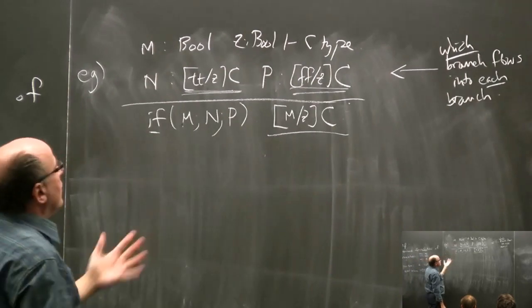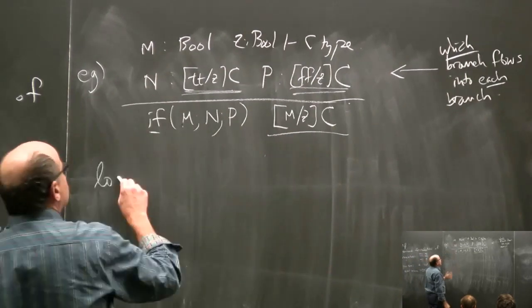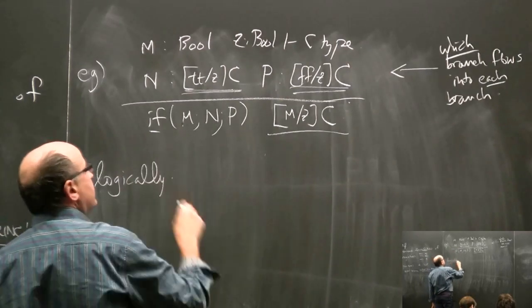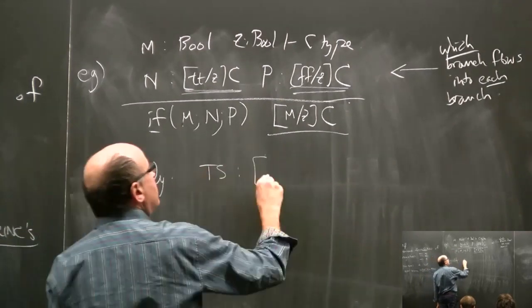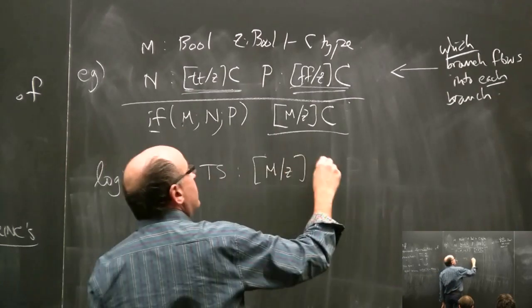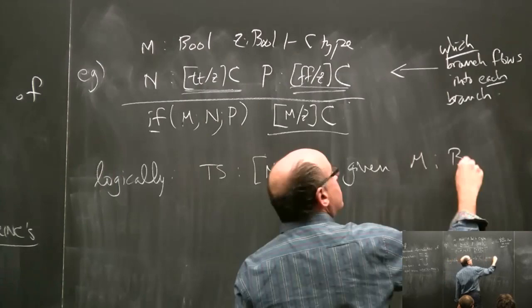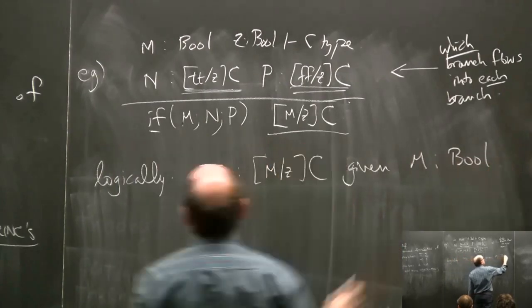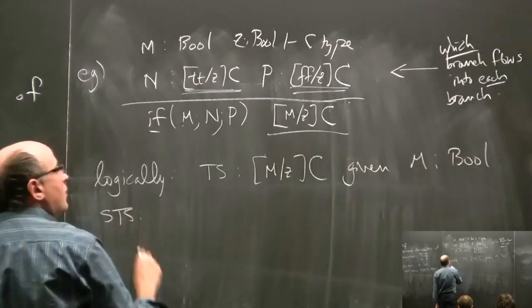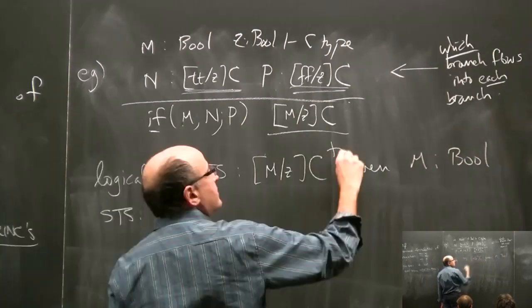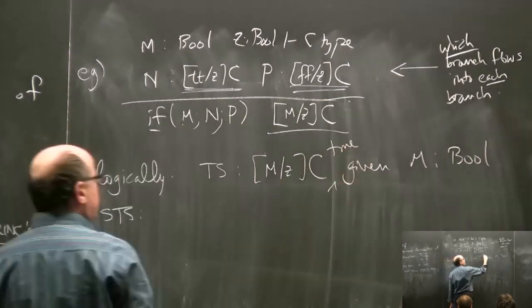And then, as I mentioned, viewed logically, what this says is, if you want to show M for ZC, given that M is a Boolean, this is the most general case, then it suffices to show, meaning show that this is inhabited, so I'll write it like that, or I could write that as true.